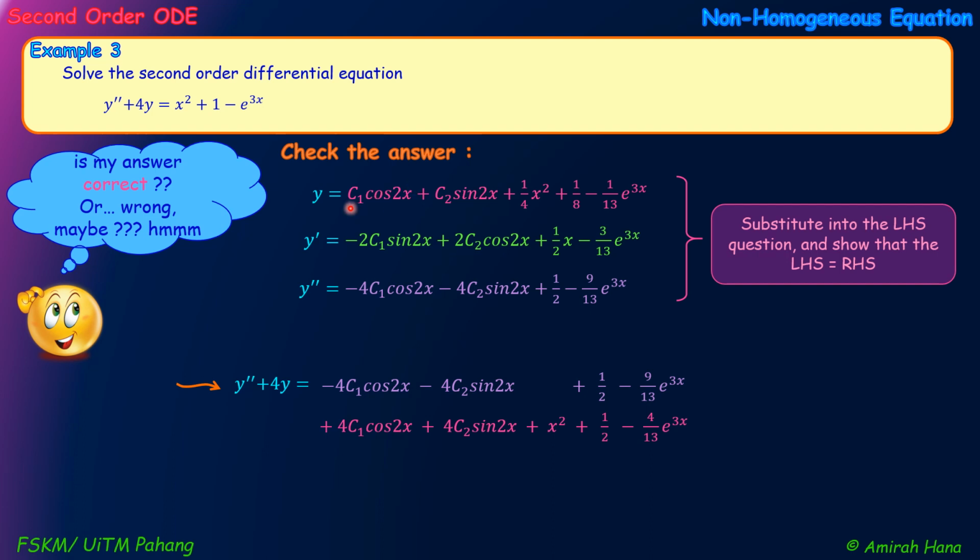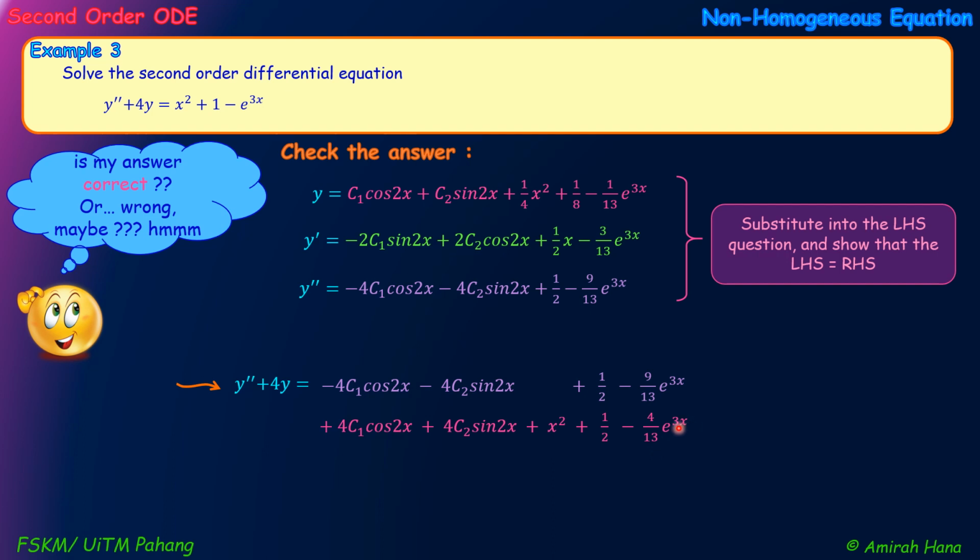And then we multiply by 4. So we get positive 4c1 cos 2x, and then positive 4c2 sin 2x, and then 4 times 1 over 4, we get x squared, and then 4 times 1 over 8, after simplifying, we get half here, and then 4 times negative 1 over 13, we get negative 4 over 13 e to the power of 3x here.